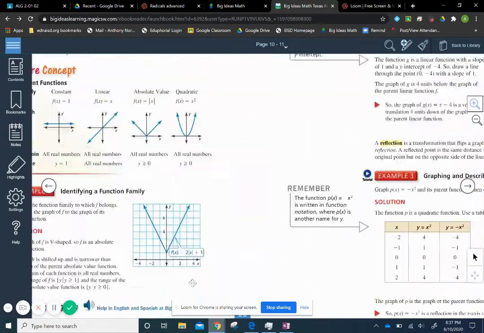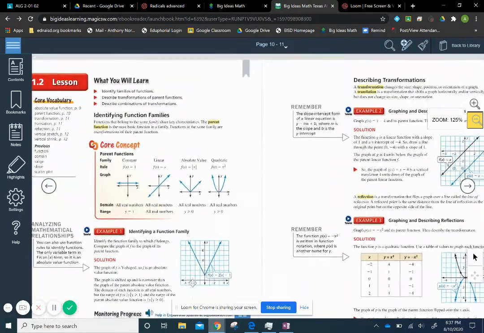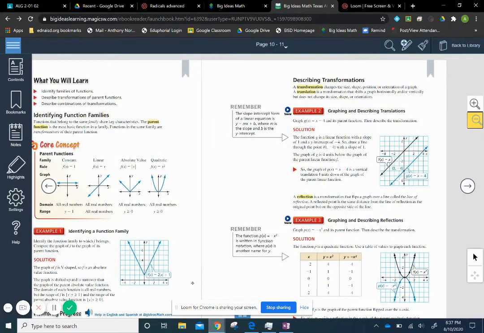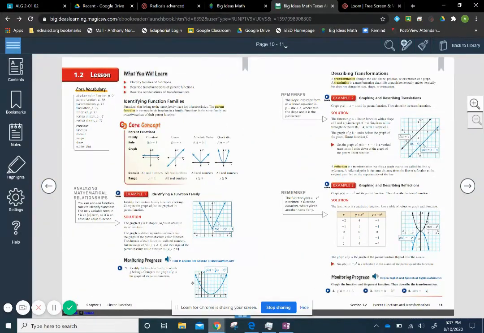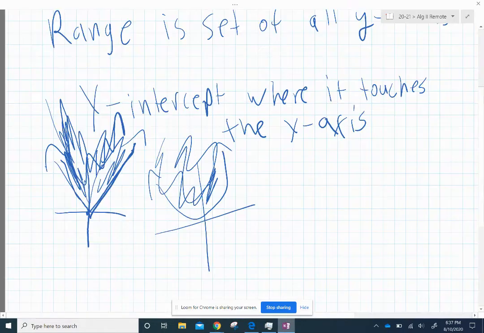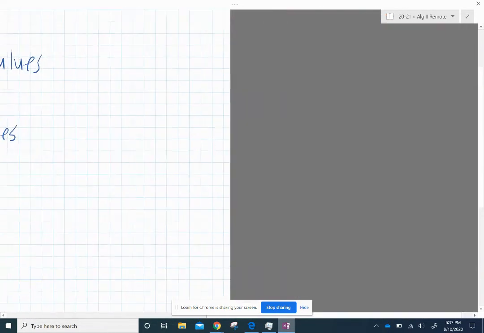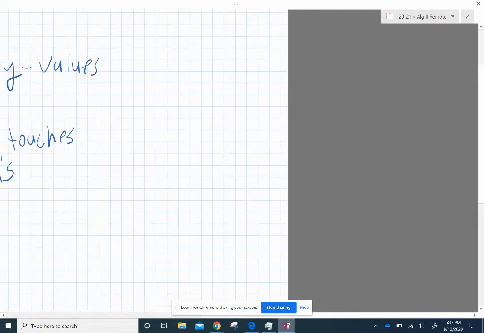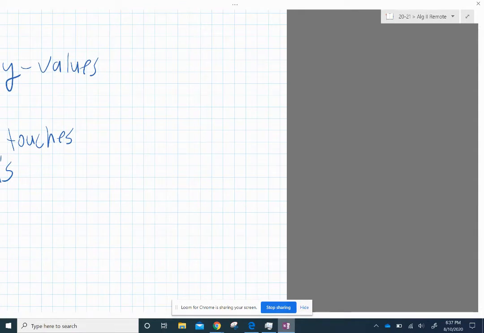So if we look at our first example, it says identifying a function family. That simply means when we see a shape, we have to know what the parent function is. So it's pretty simple. Simple to see, not so simple to draw. I have terrible handwriting, as you've noticed by now.